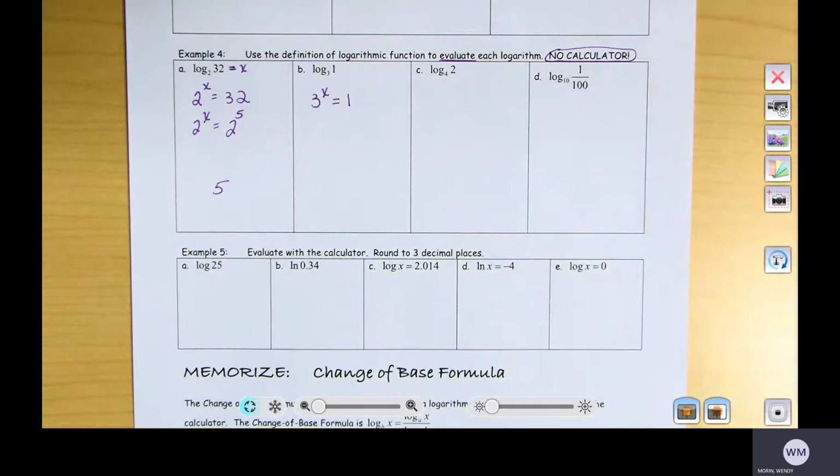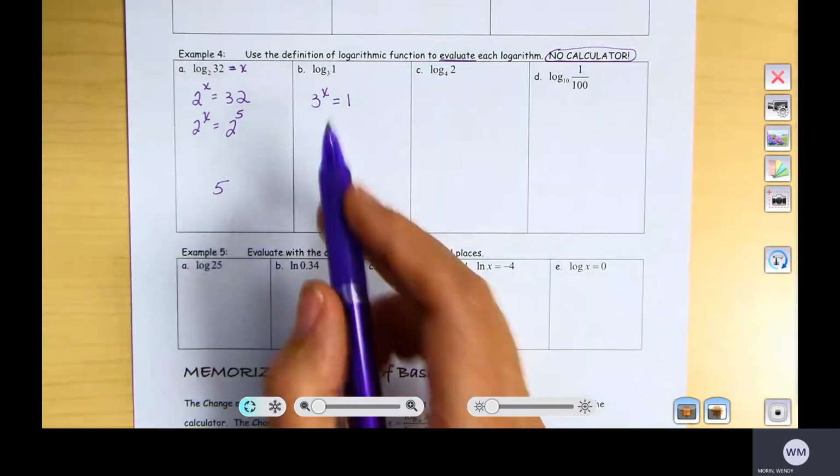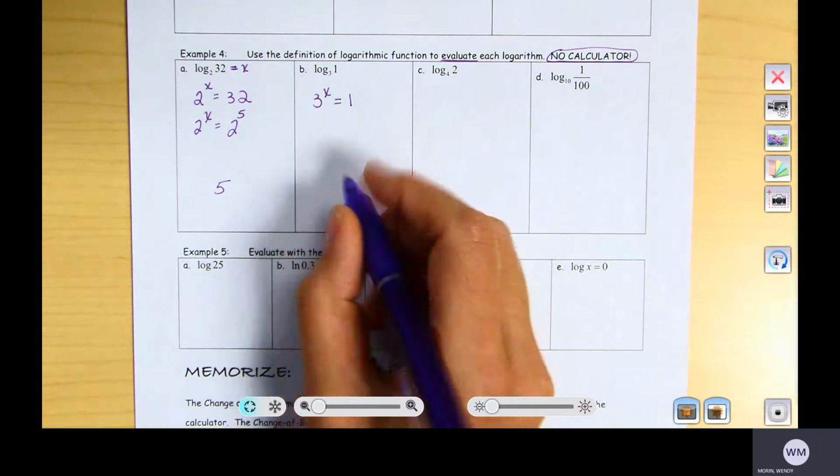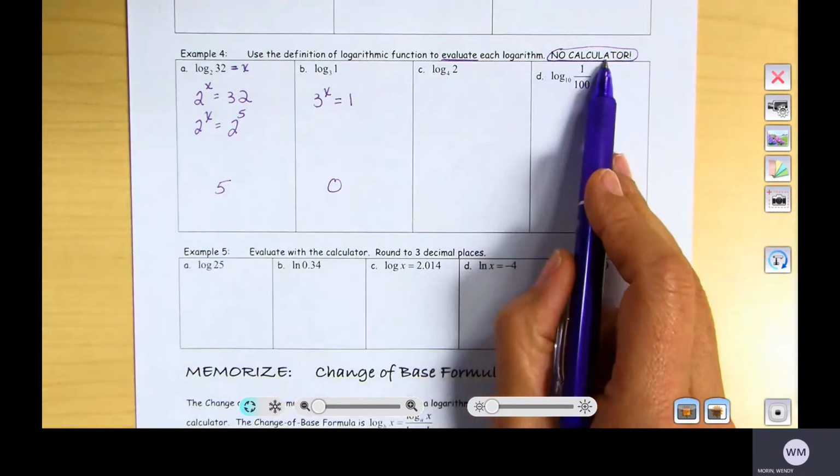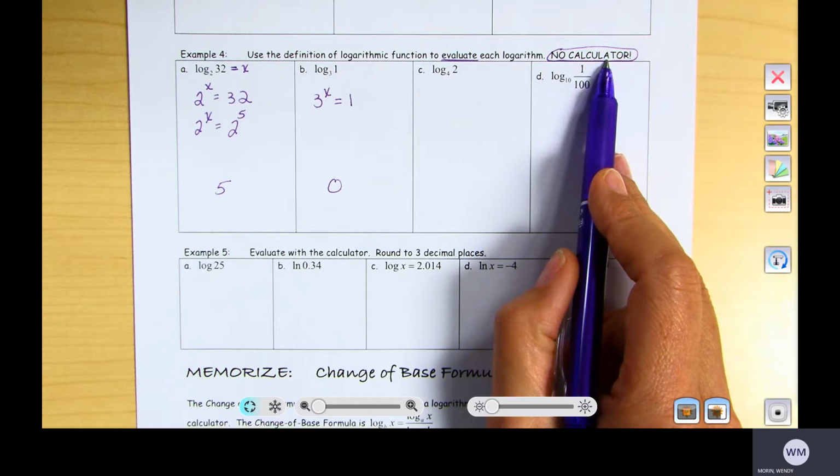Well, any base raised to the 0 power is equal to 1. So 0 is your answer. All no calculator problems require work, even if it seems like it's common sense, because common sense isn't so common. Next one.